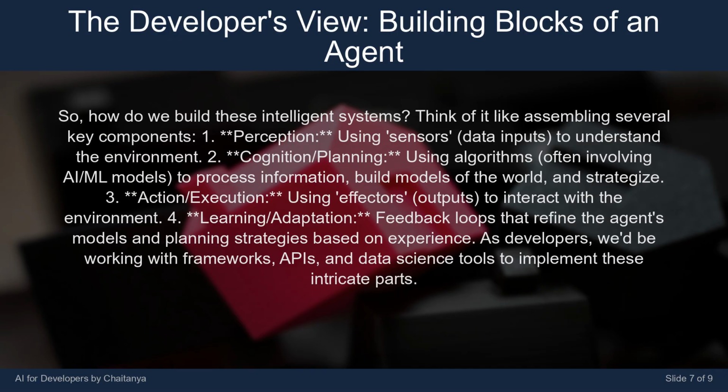Action, execution: using effectors, outputs, to interact with the environment. 4. Learning, adaptation: feedback loops that refine the agent's models and planning strategies based on experience. As developers, we'd be working with frameworks, APIs, and data science tools to implement these intricate parts.